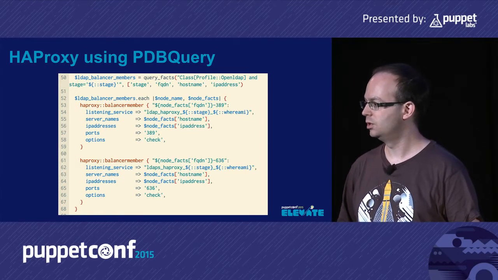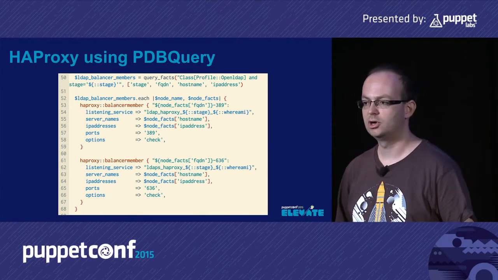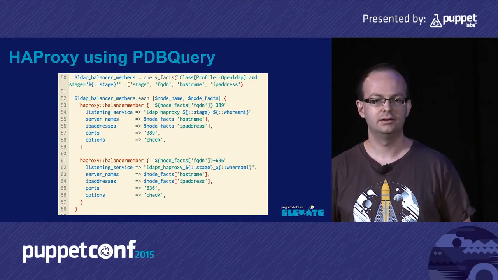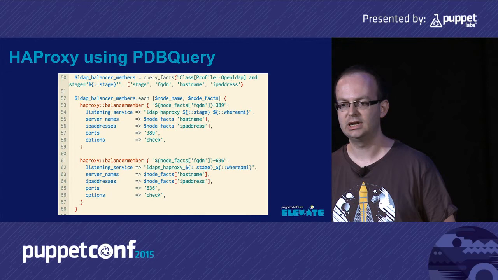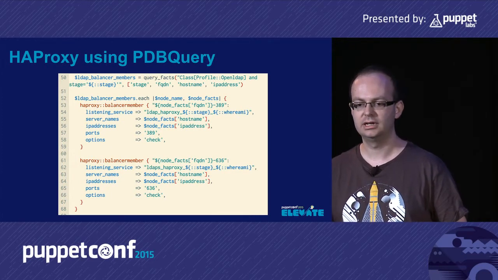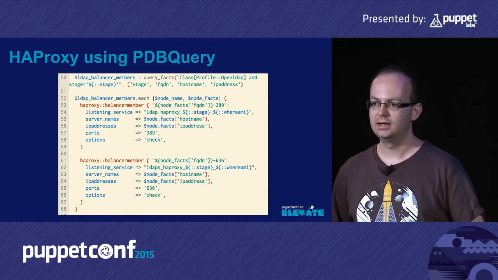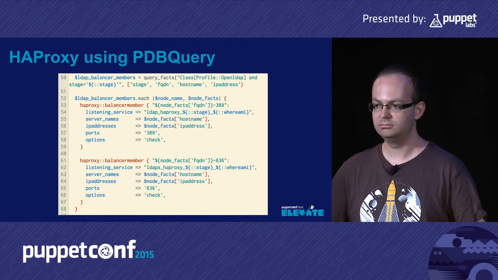And if you wanted to refactor this, let's say you don't like HA proxy anymore, the company standardized on F5, and you want to switch this out. If you were using exported resources, you would have to export F5 resources from every node. If you're doing this approach, you can just stand up a new dev node.